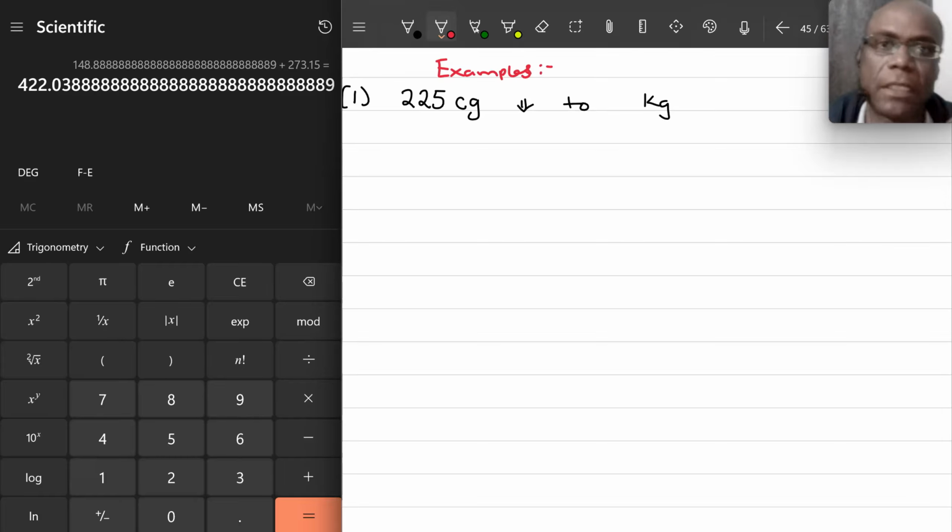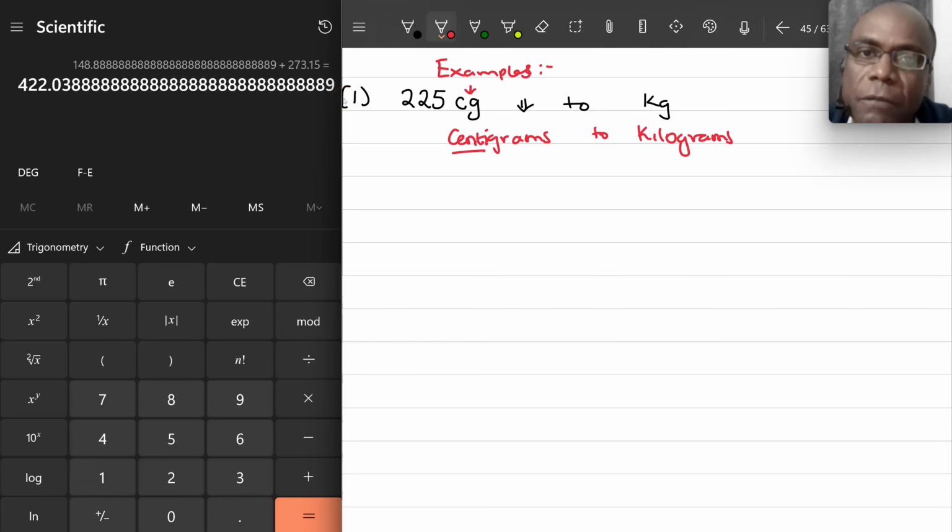So we want to convert centigrams. That already tells you that the value here is less than what you're going to get as the answer. The question is, convert 225 centigrams to kilograms.